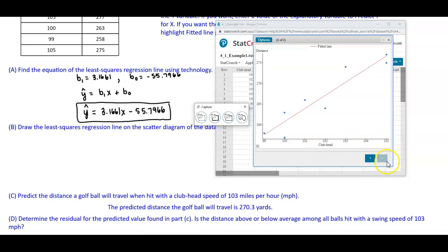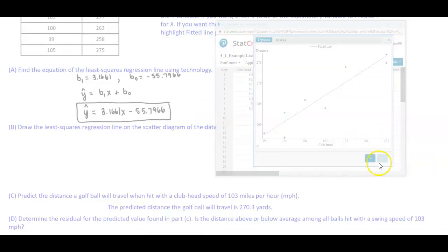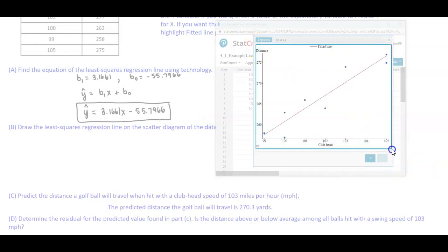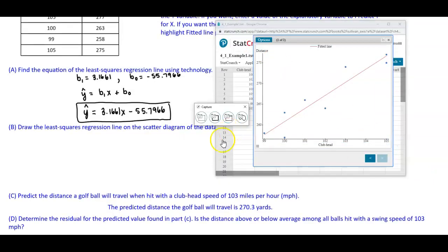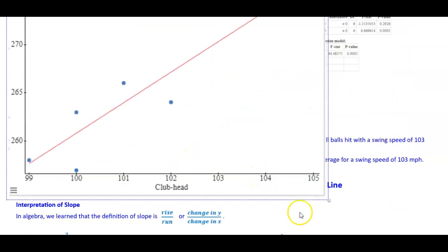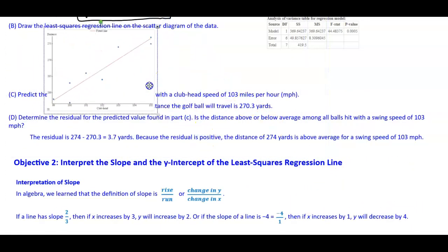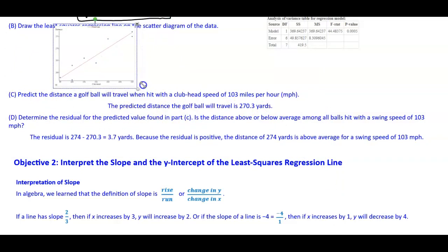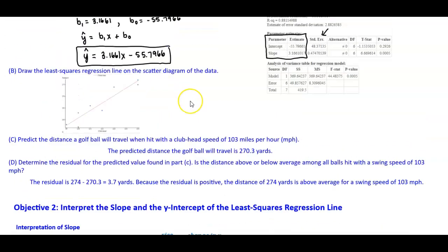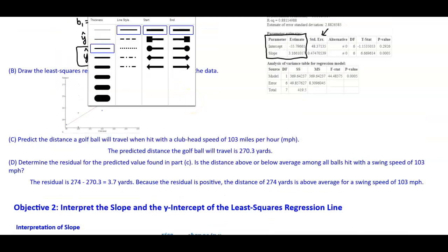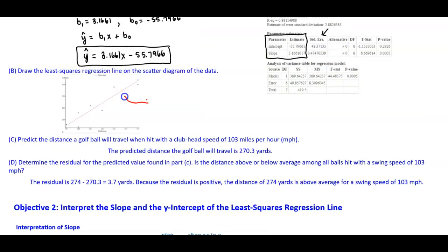Moving to the next slot on our information down here, we get the graph, and that line represents the best fit line. I'm going to go ahead and view this line, and you can see that this line is the best fit. That red line represents the line of best fit, which is what we have here.